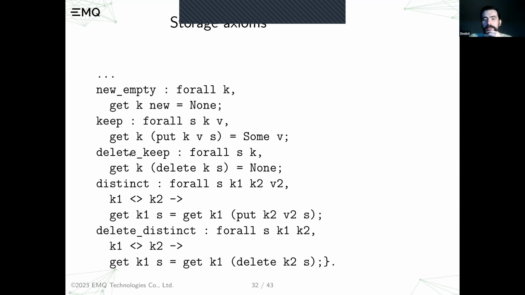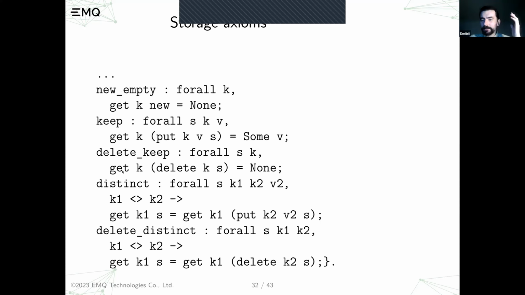This storage was defined, like the semantic of the storage was defined through a set of trivial axioms, like if you write a value to a key value storage and then you immediately read it, then you get the same value that you've written.